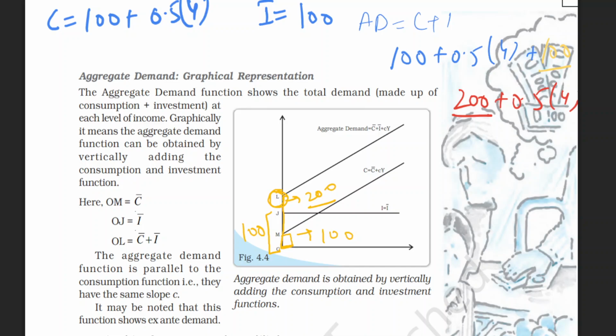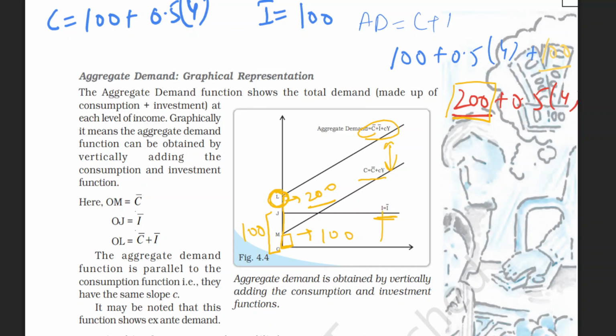As you can see on the graph, I stands for I bar, C stands for C bar plus Cy, and the combination is the AD. So AD stands on the L part, which is represented as the autonomous expenditure, which is 200, as we have seen before.